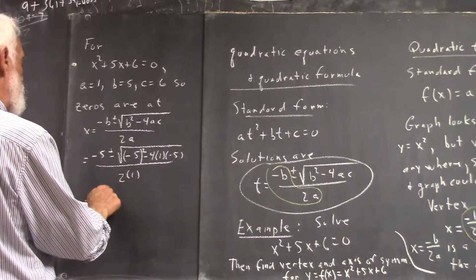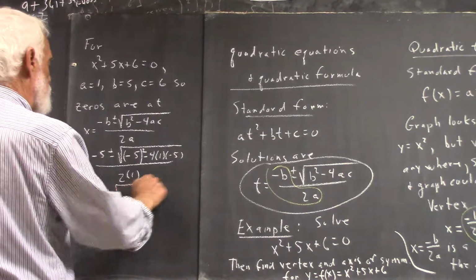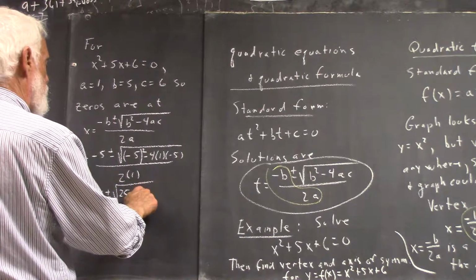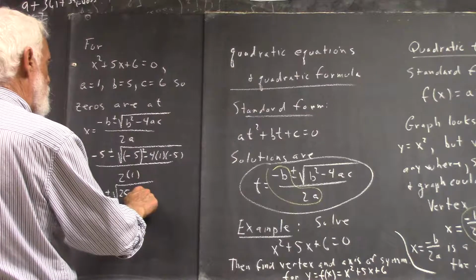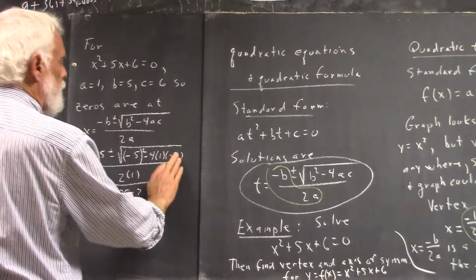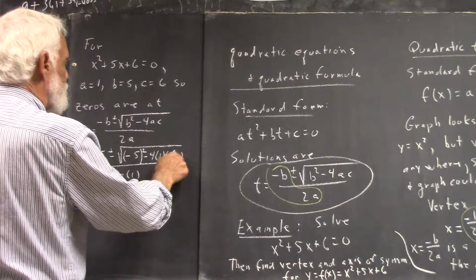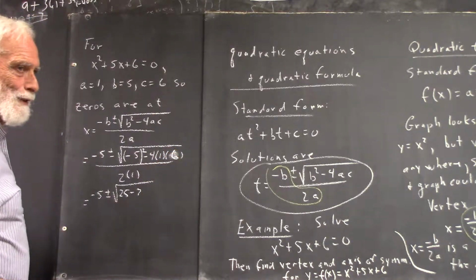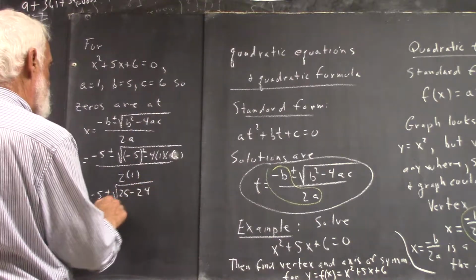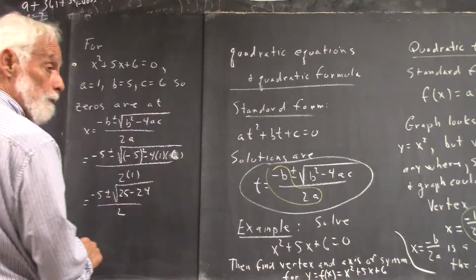So that's negative 5 plus or minus the square root of 25 minus 4AC. So don't do like me, plug the right numbers in the right place. Minus 24 over 2.